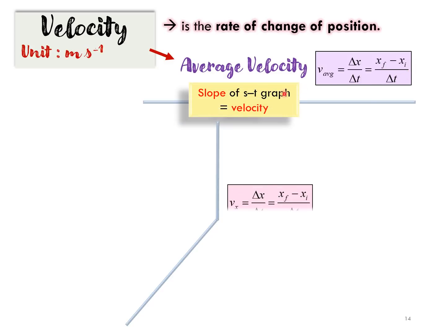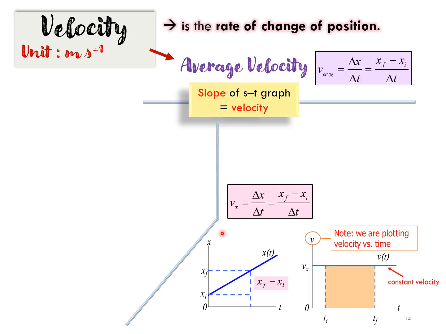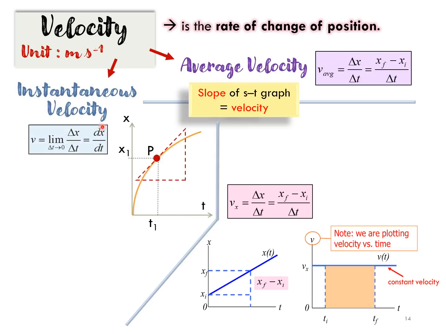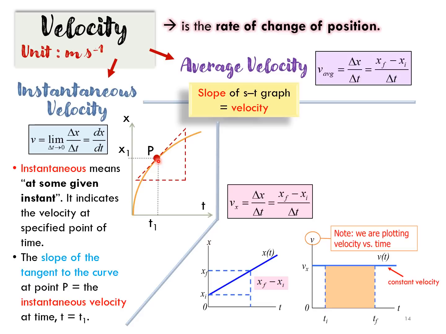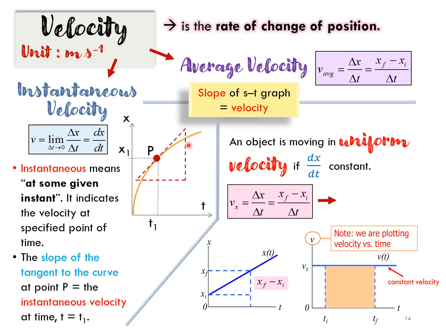The average velocity can be found by calculating the change of position over the time interval. This represents the slope of the position versus time graph. If we want to find the instantaneous velocity, which means the velocity at a certain point and a certain time, we need to calculate the slope of the tangent to the curve.